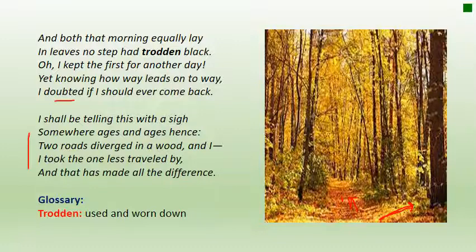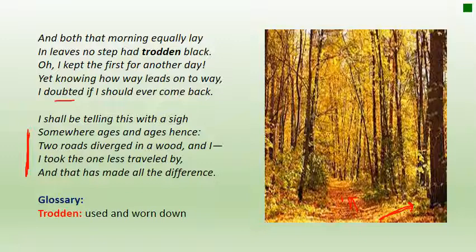What you see here is one of the most famous stanzas in English literature. It's just so beautiful and so metaphorical. Of course, the speaker is not really speaking about a real wood. Wood, of course, is a forest. He is speaking of two ways in life, and he chose one of them.